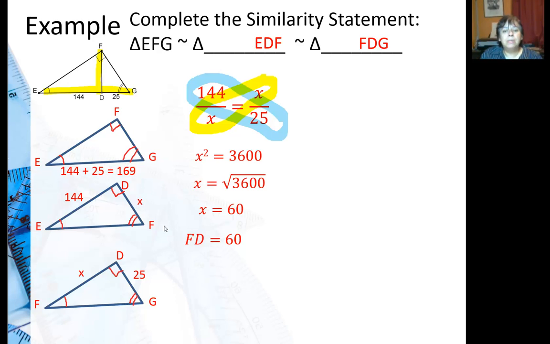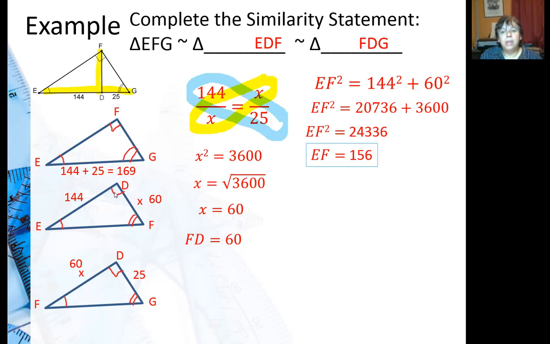So now I'm going to put 60 in for FD down here and right there. Okay, so I have a couple options. I could try to do some proportions, but probably the easiest thing to do is to go ahead and use Pythagorean theorem to find EF and FG. So EF squared, and I'm using this middle triangle right here, equals 144 squared plus 60 squared.